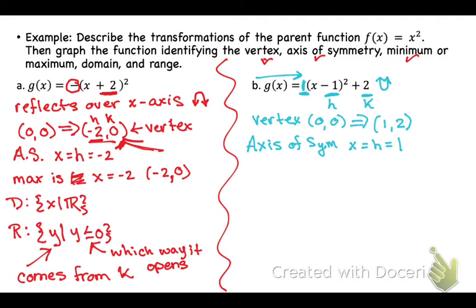Okay, then what's the next thing we have? Min or max? Is it a minimum or a maximum? Minimum. How do you know? Because it opens up. Okay, a minimum at x equals 1. Or you can write it as 1, 2.